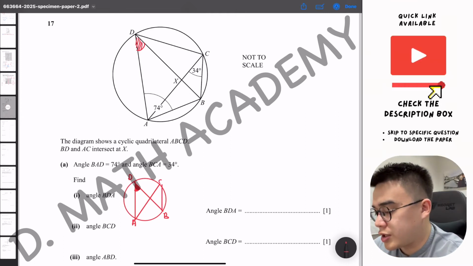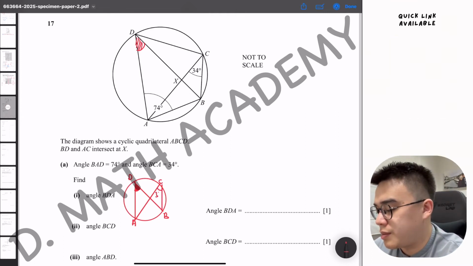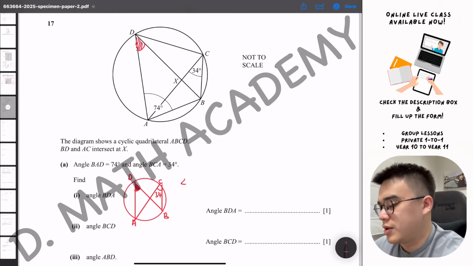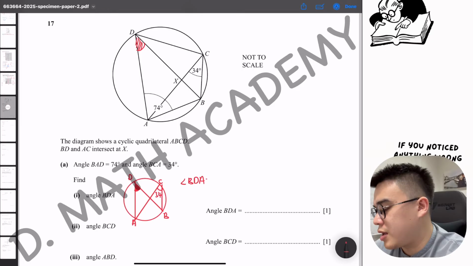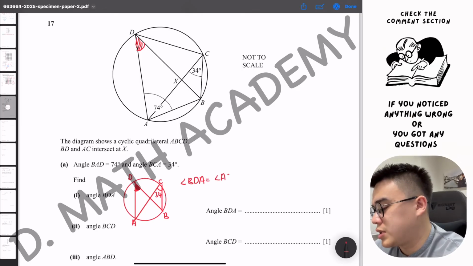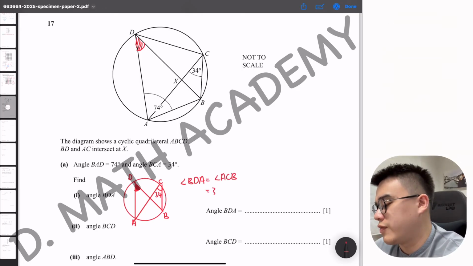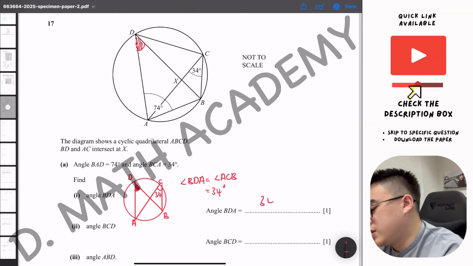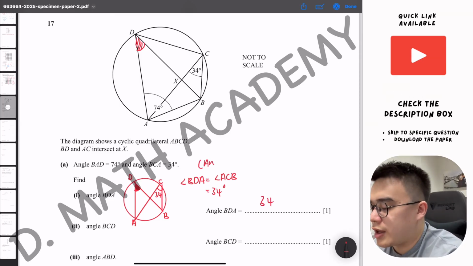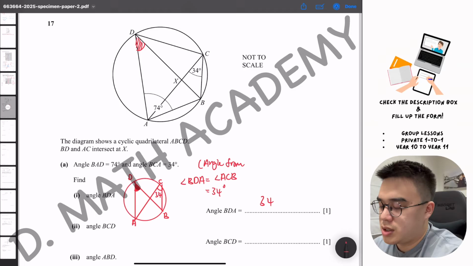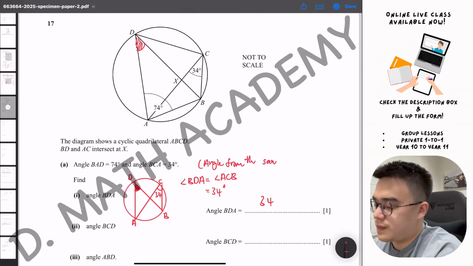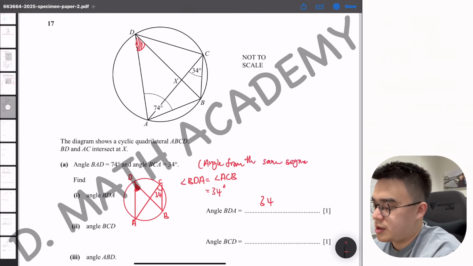What I did extra all the time was I will actually make the effort writing this down, where my BDA equals ACB, which is 34 degrees. The logic behind is called angle in the same segment.